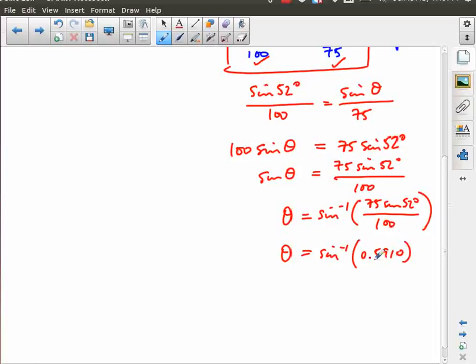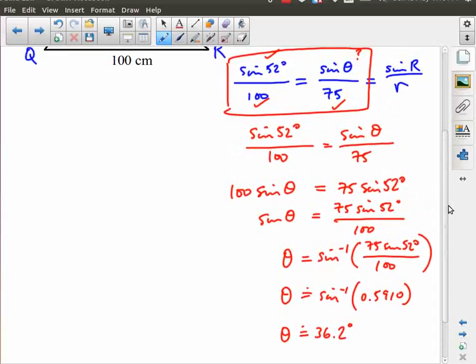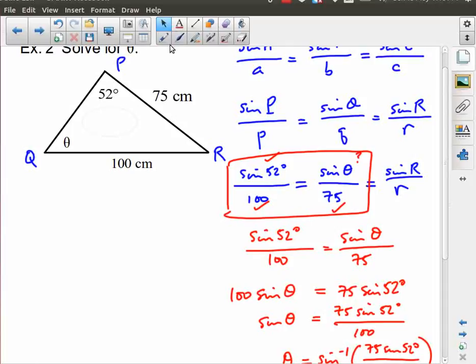But I'm keeping many more digits in my calculator. So that's approximate now. Now I'm actually going to take the inverse sine of the answer from my calculator, and I ended up with approximately 36, and I'm going to round that to one decimal, so 36.2. Don't forget, this is an angle, which means the units are degrees. And just to confirm that, here is the answer I had calculated in advance, and it is 36.2 degrees.